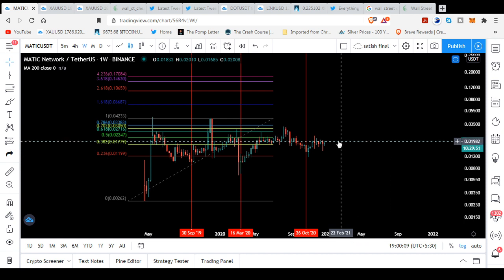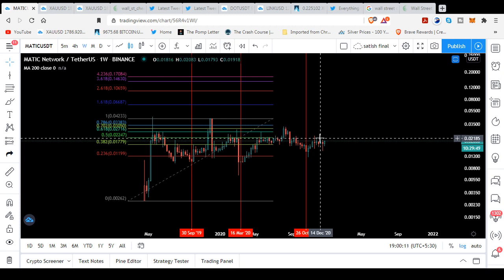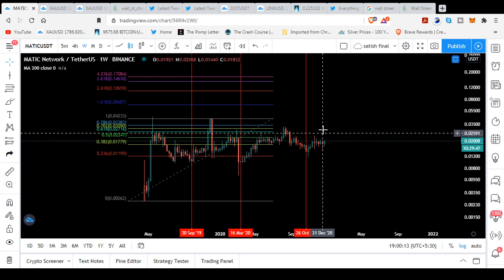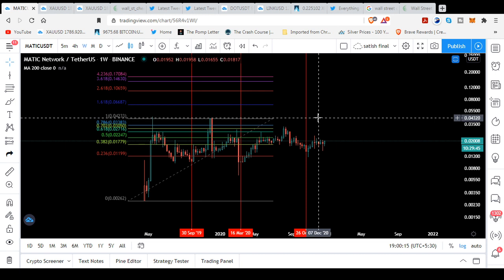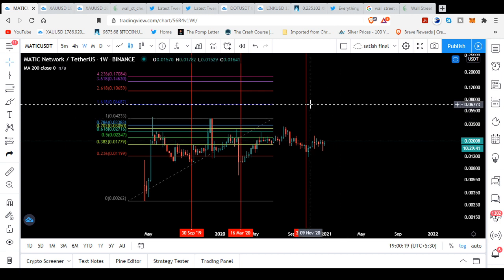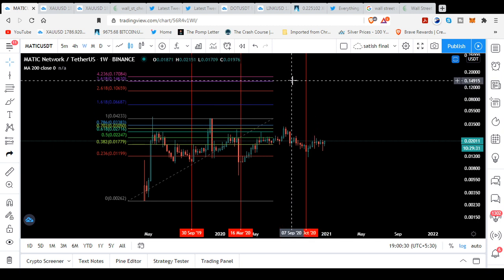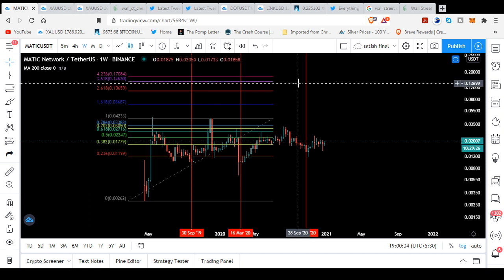So let's see. If it is a bullish scenario and it crosses 0.02247, the most probable target is the 0.042 level, that means 100% profit, and the next resistance level is 0.066. I cannot say the final thing, but for the next cycle ending there is a huge probability of the 3.618 Fibonacci level and the 4.26 level, that means 0.414 and 0.17.